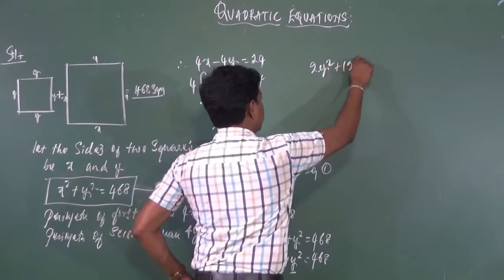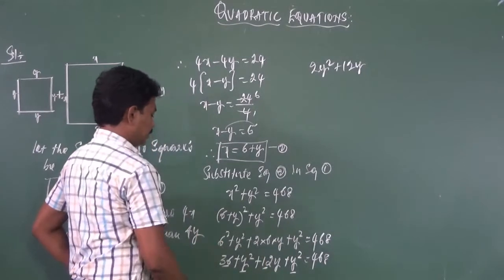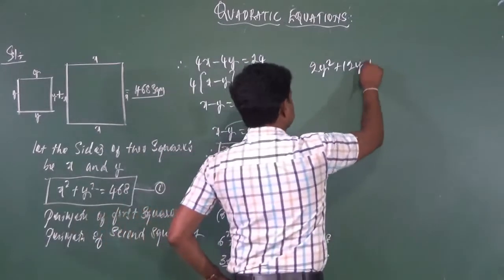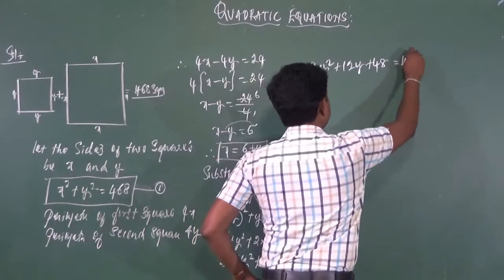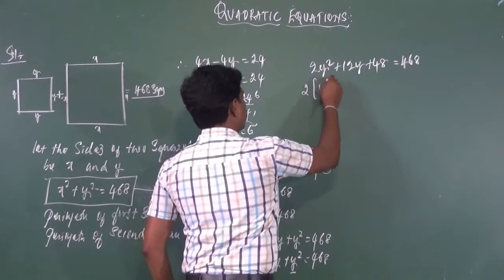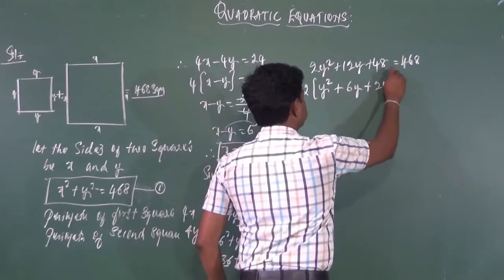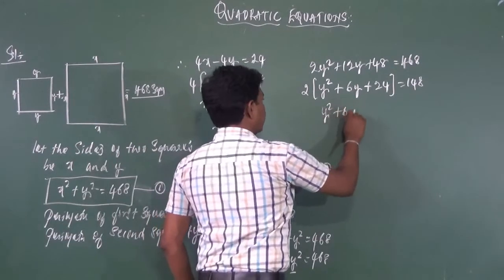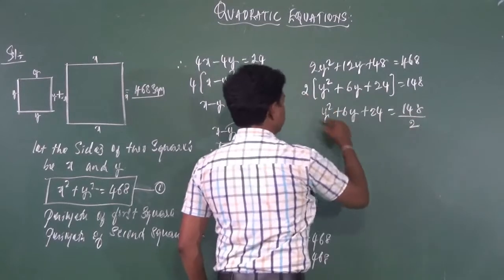We will add the constants, 36 plus 12 is 48, plus 48 is equal to 468. Now we will take 2 as common here. So if you take 2 as common, we are left with y square plus 6y plus 24 is equal to 148 divided by this 2.